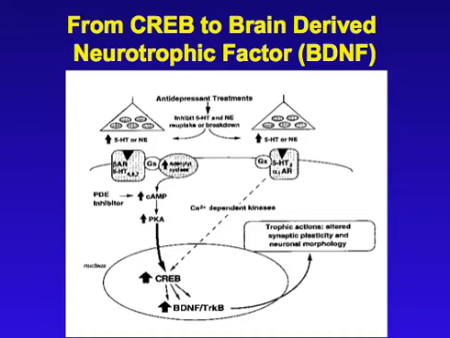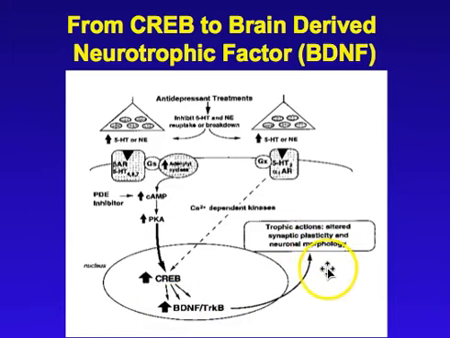So antidepressants increase the serotonin or norepinephrine in the synapse. They go down to the receptor, activating a second messenger system. Cyclic AMP comes along, activating protein kinase A, which then phosphorylates CREB. CREB then goes down to the promoter region of the BDNF, and BDNF is transcribed.